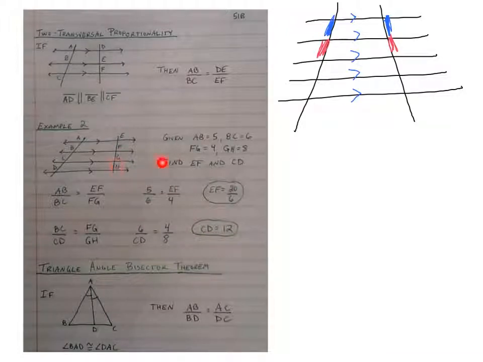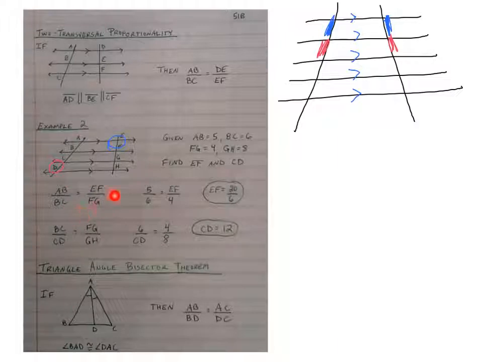And what we want to find is EF and CD. So we're looking for EF, right there, and CD. So to find EF, we really only need these 4 portions, AB, BC, EF, and FG. And we can ignore all this stuff at the bottom.